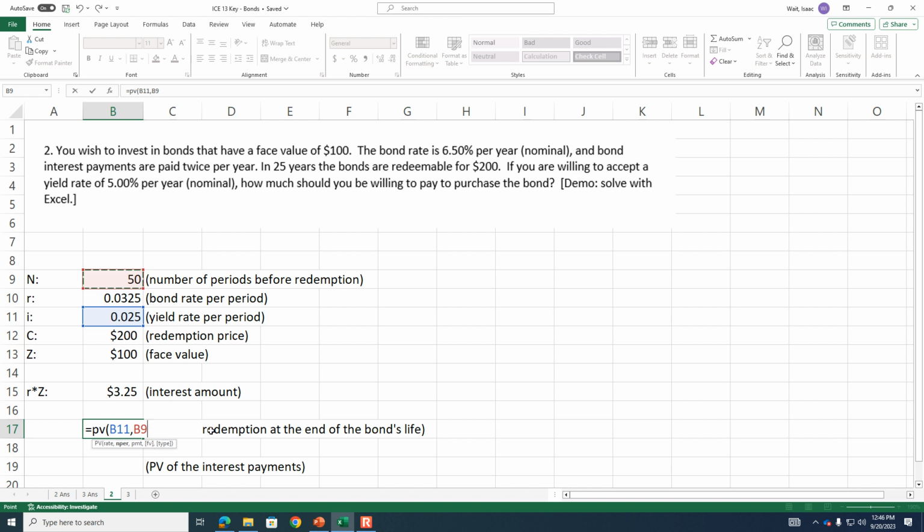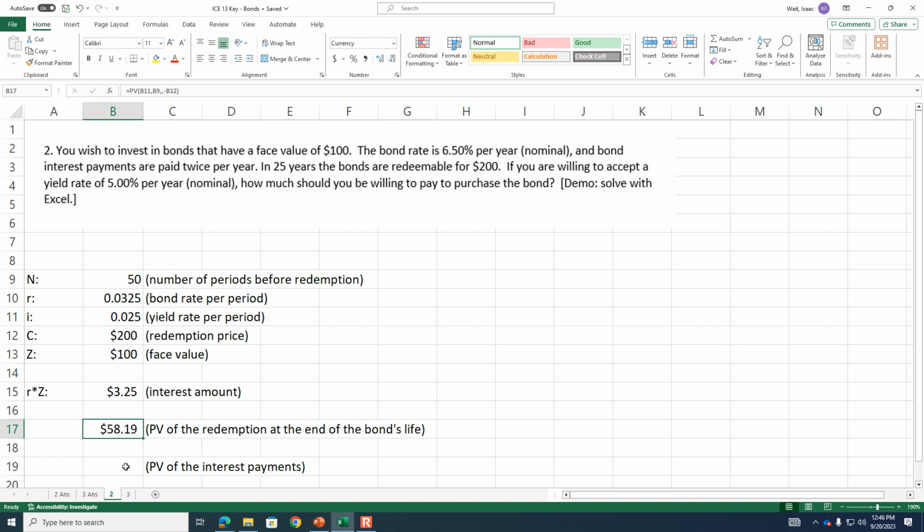FV means it's a single lump sum amount. And this redemption price is a single lump sum amount. So I'll do comma, comma, minus of the redemption. Okay, so the $200 50 periods from now has a present value of $58.19.